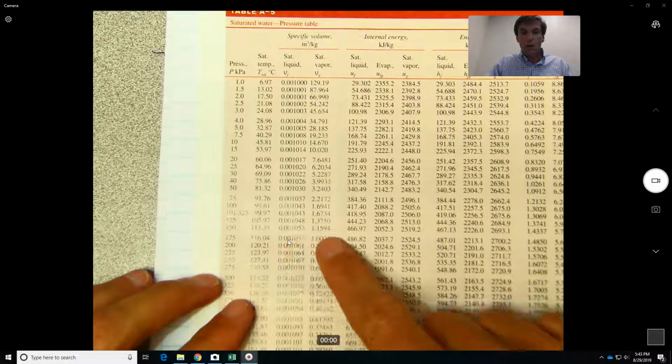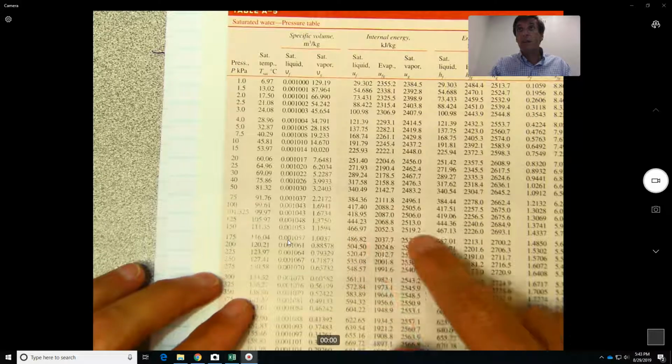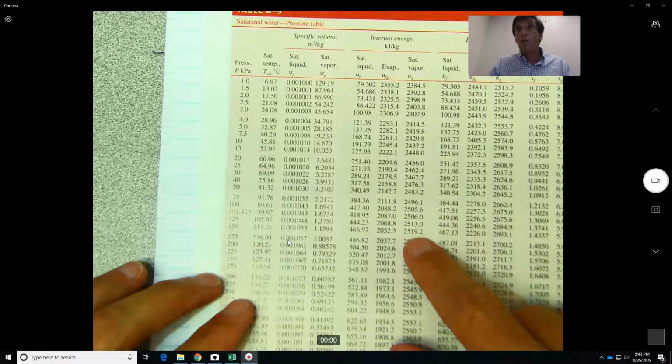We have UF equal to 466.97 and UG equal to 2519.2.